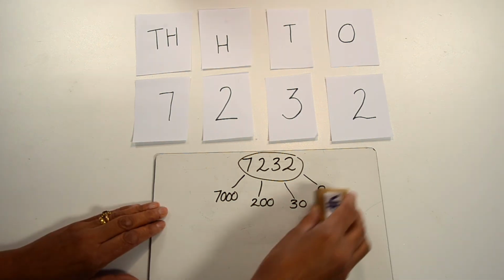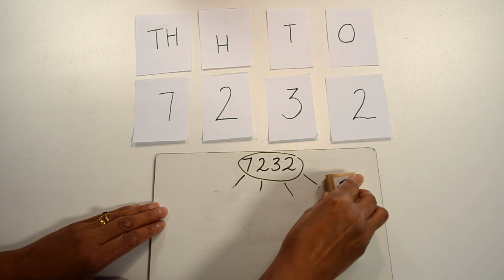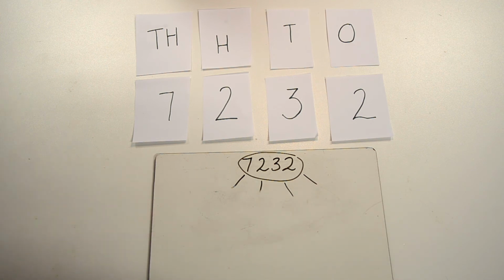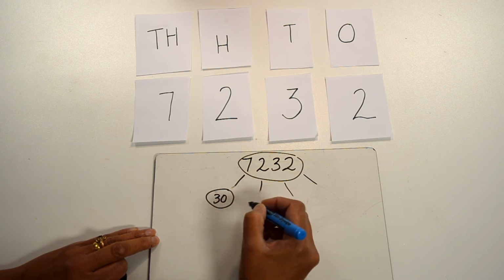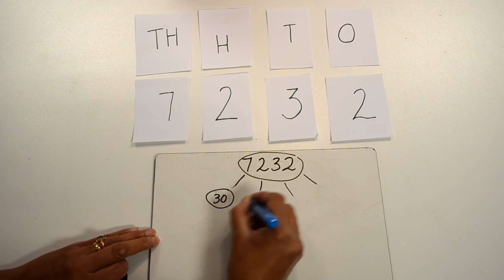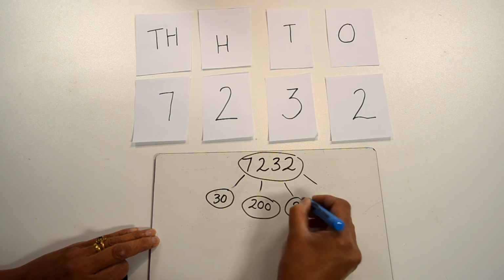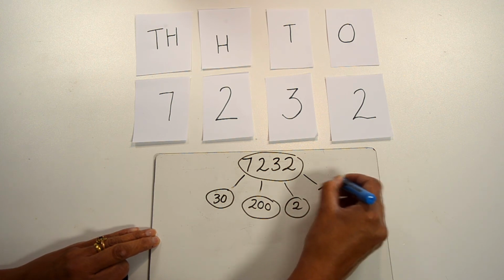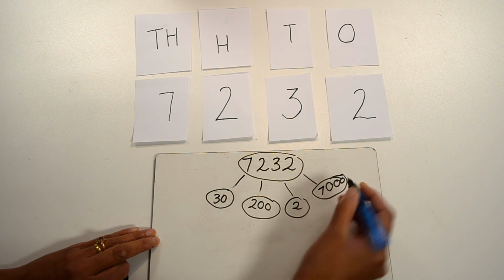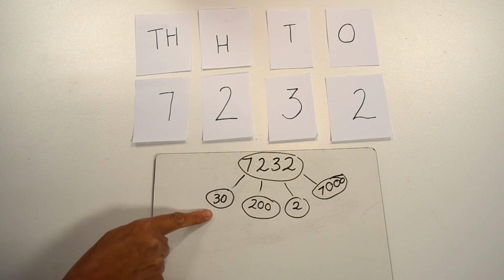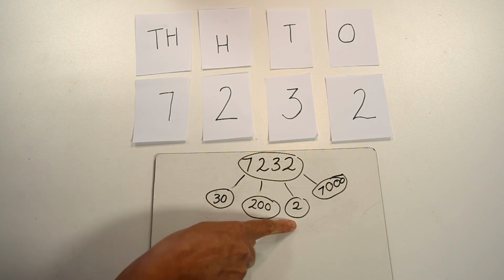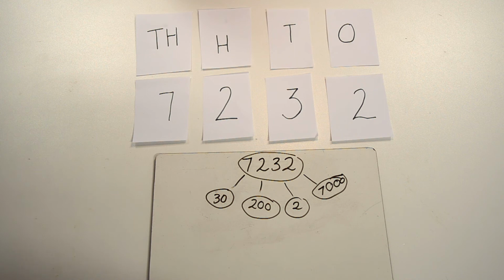Have a look at another way of partitioning this number. If I partition this number this way, watch carefully. Right, so we have a 30, 200, 2 and 7,000. Does the number change?